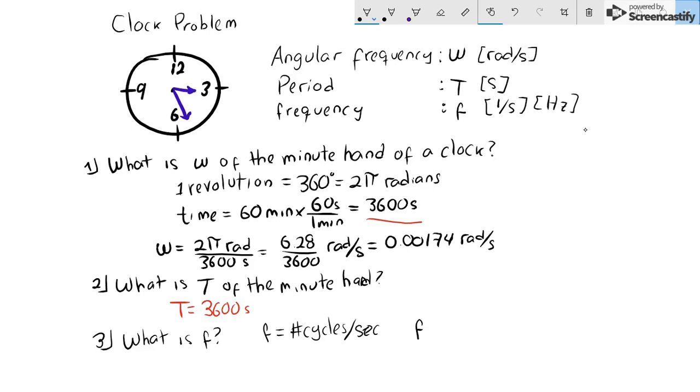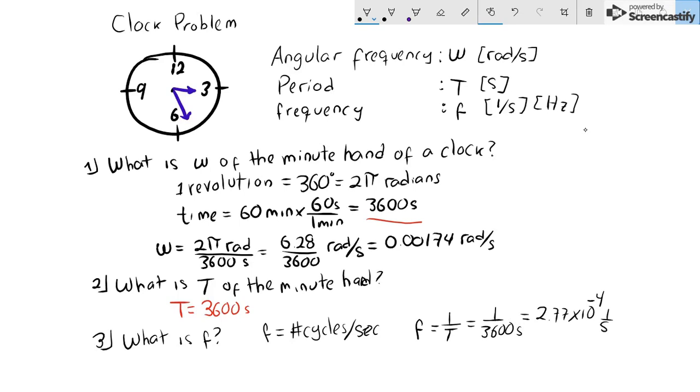And by definition, frequency is the inverse of the period, which will be 1 over 3600. So you see it's a small number, 2.77 times 10 to the negative 4 seconds to the negative 1, or also hertz.